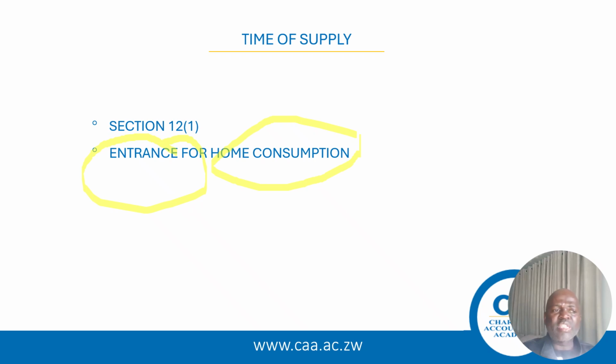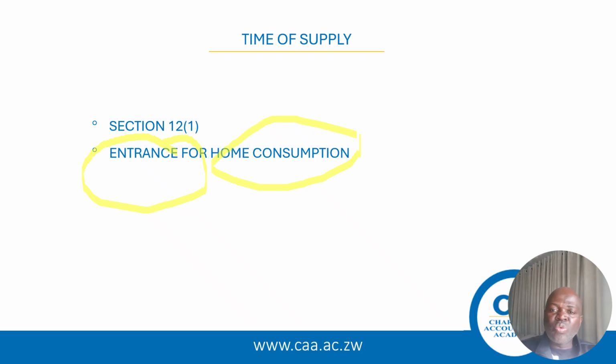Could there be a situation where goods enter but are not then viewed as for home consumption? Yes. So Mrs. Moyo also has a batch of cooking oil that she definitely bought from Pick and Pay Pretoria, but is supplying to her clients in Zambia.